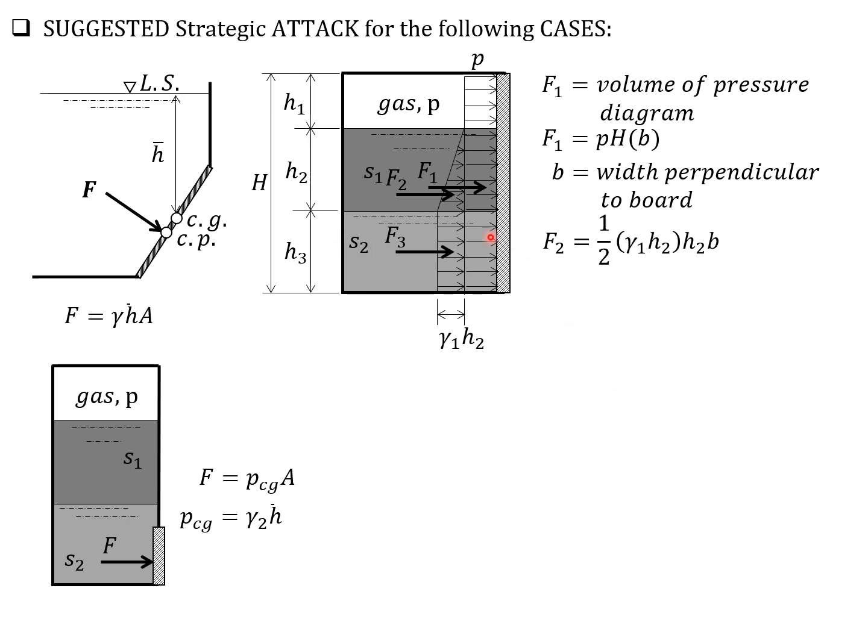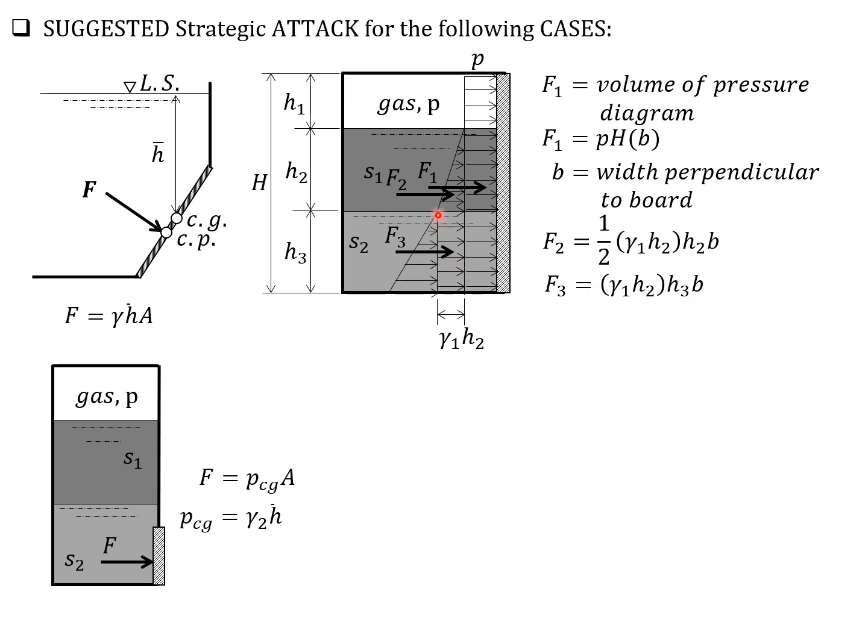Then F3 is equal to this rectangular pressure diagram. It is just gamma 1 H2, height H3, then perpendicular to the board B. So F3 is gamma 1 H2 times height H3, area of the rectangle, times width perpendicular to the board B. So that is F3.